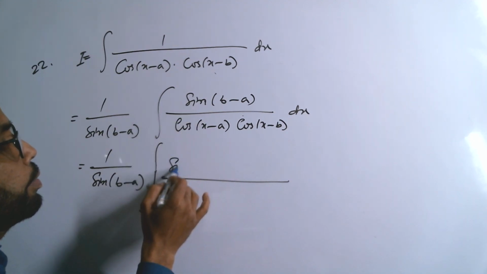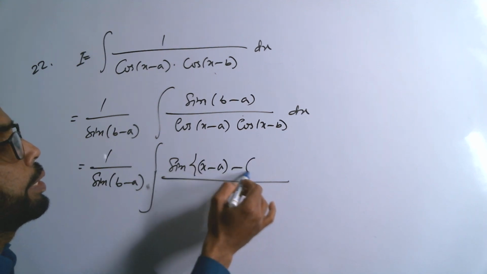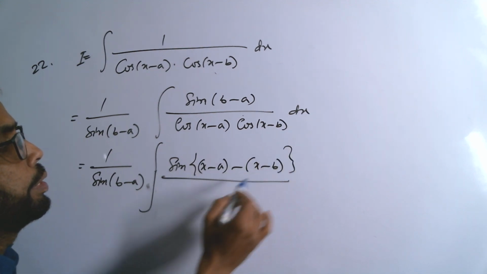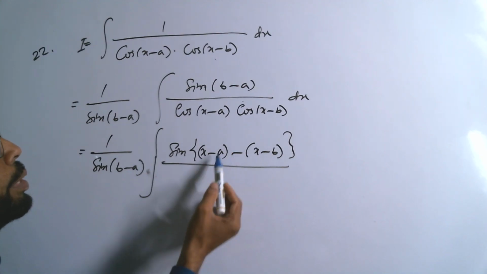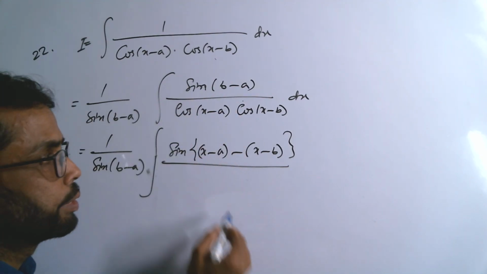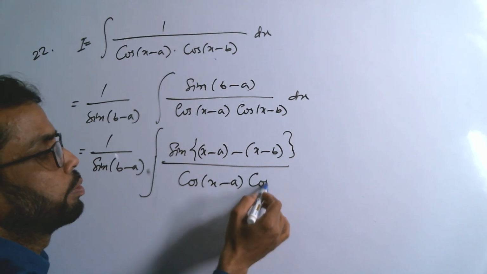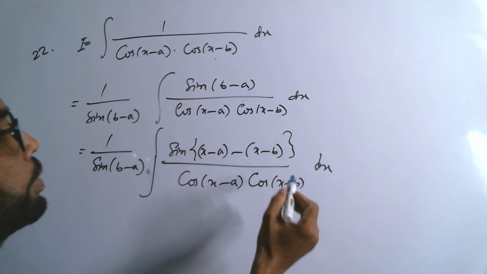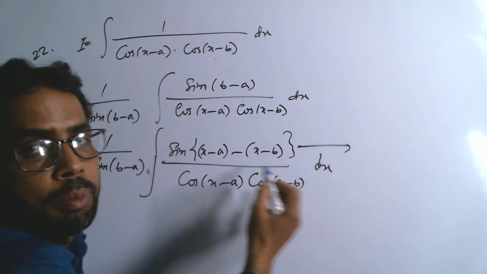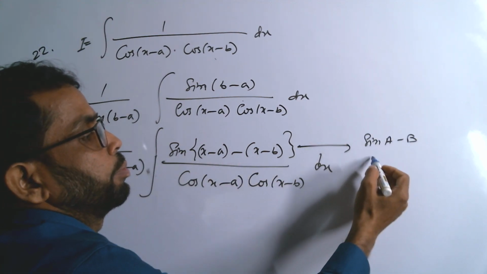This numerator we can make it x minus a minus x minus b. It is possible because x minus x cancel, minus minus plus, b minus a, so b minus a is correct. Denominator as it is, integration dx.